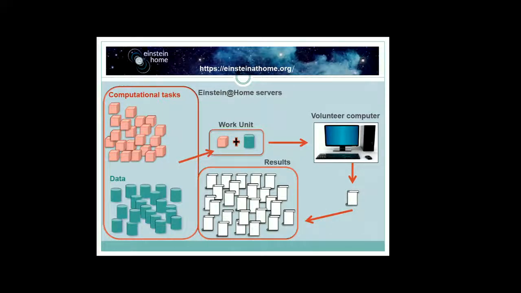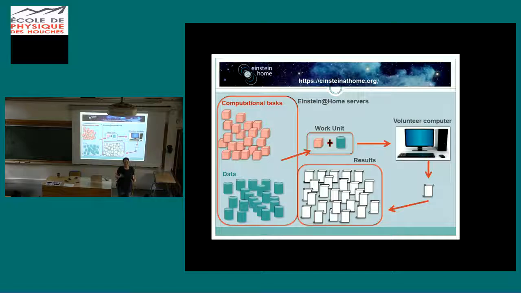So the basic idea is that the search that you run on one of these BOINC projects has to be trivially parallelizable. It means you have to be able to divide it into smaller chunks that are completely independent from one another and can be shipped with all that they need to run, the data and your auxiliary files. Then they're sent to the volunteer computer.